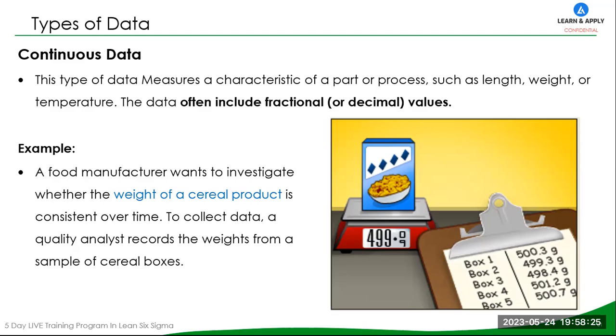Continuous data is any data that is expressed in terms of fractions. Very simple. Like weight, length, rate, anything that we are discussing, it's always expressed in terms of fractions, like 500.3, 499.3. So it is called continuous data.